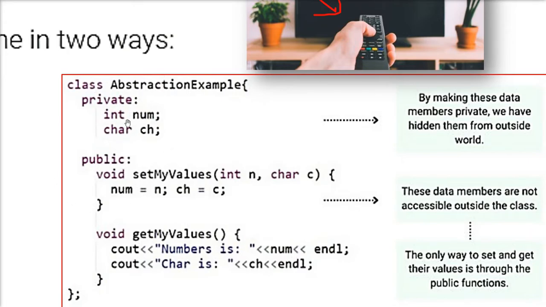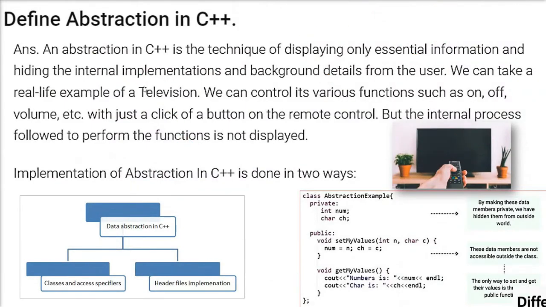It is not available outside. Whenever you're using this function through the object, you are not interested in integer num, character ch, right? So that is a kind of abstraction we have provided using the access specifier or access modifier. This private is all about the access specifier or access modifier.